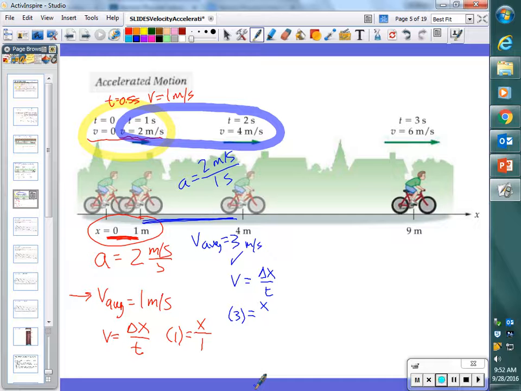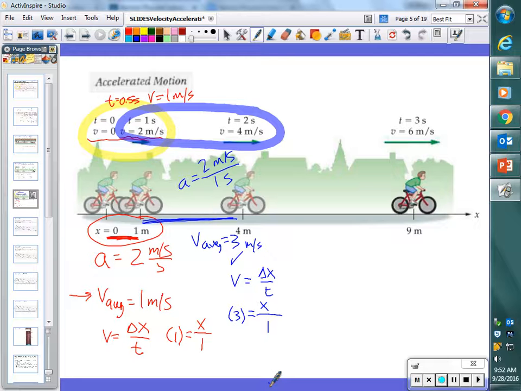I'm going to call that x. And then this interval that I've circled, how much time are we talking about? 1 second, because it went from time 1 to time 2. Does that make sense? If we solve that equation, what's x?